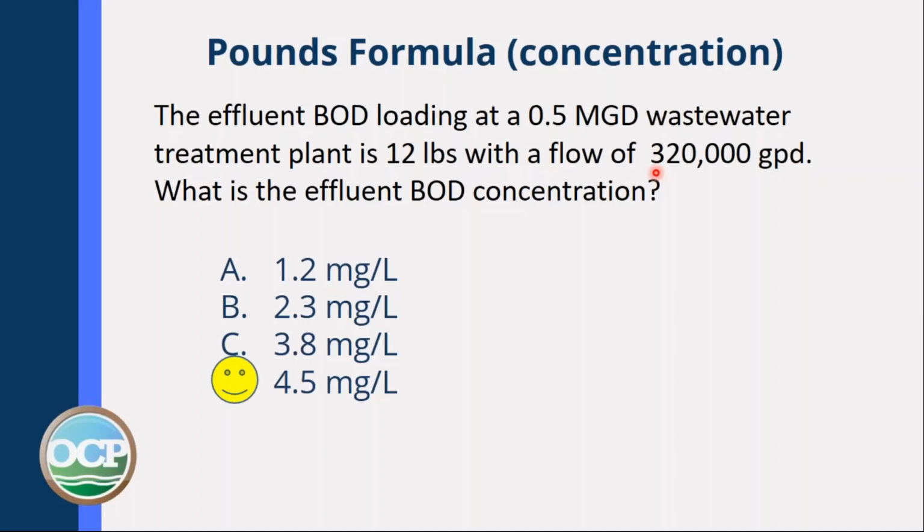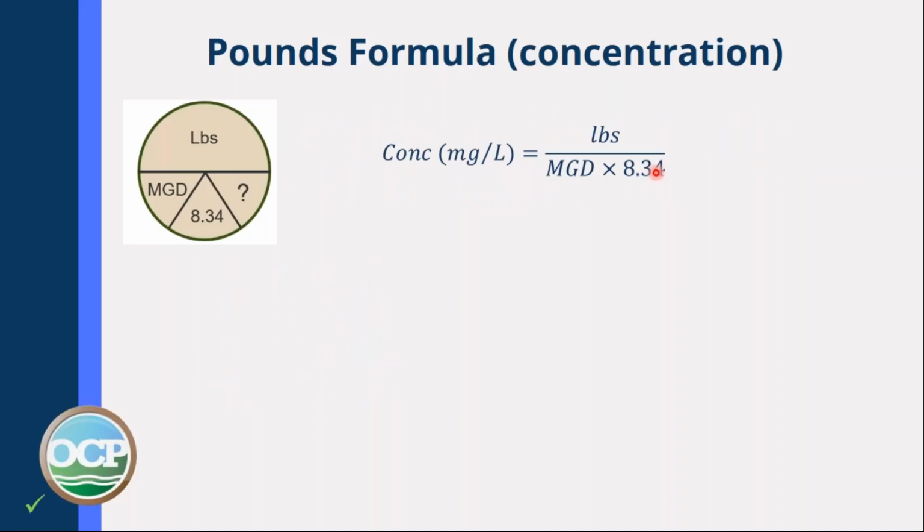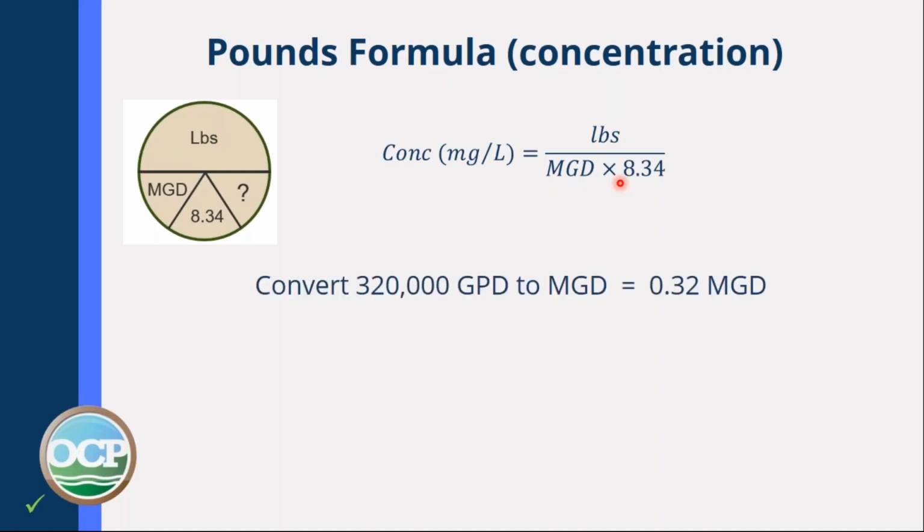So the answer is 4.5 milligrams per liter. And in the next slide, we will see how we got that answer. Here is your pounds formula pie chart. Concentration is pounds over flow times 8.34. We put all the numbers in. We have to do that conversion from gallons per day to million gallons per day.